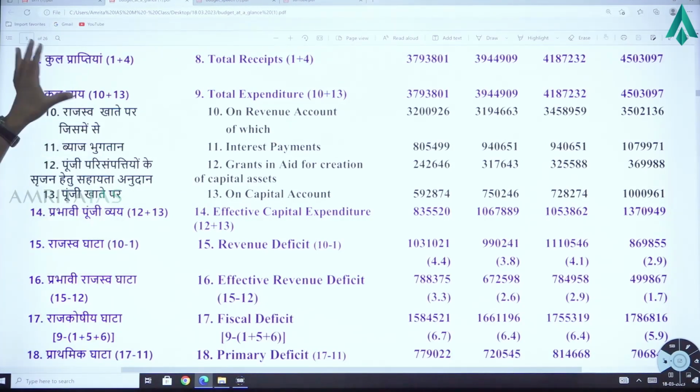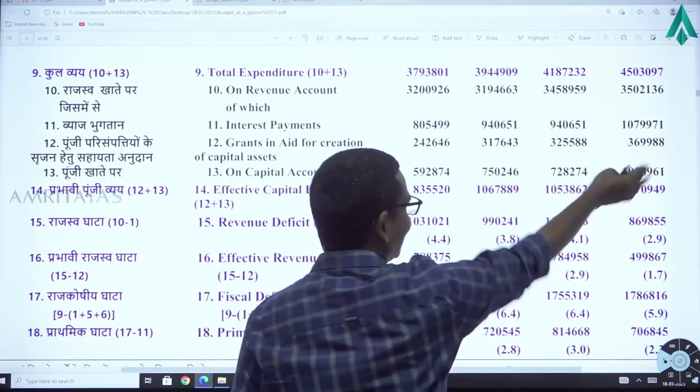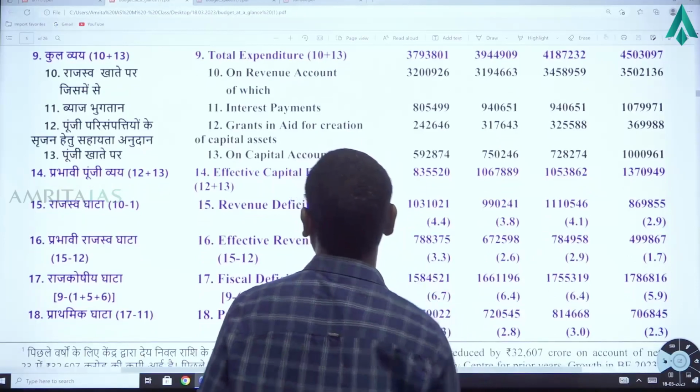So this is total revenue and total expenditure. Capital expenditure, now we can see. That means capital expenditure plus revenue grants used for the creation of capital assets is effective capital expenditure. Is it clear? That is 10 lakh plus 3.69, 1.37.